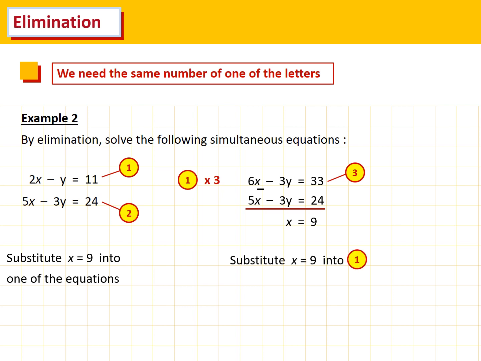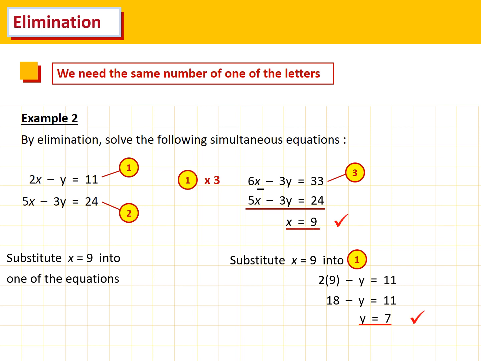I'm going to choose to substitute it into equation 1. And equation 1 gives us 2 lots of 9 minus y equals 11. So 18 take away y equals 11 must be y equals 7. So x equals 9, y equals 7, we think are the right answers.